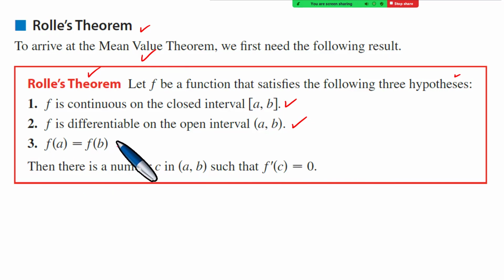Third, f of a equals f of b. What is the meaning of this? If these hypotheses are satisfied, then there is a number c in the open interval, like in the case of the mean value theorem. So there is a number c in the open interval such that f prime of c is equal to 0.